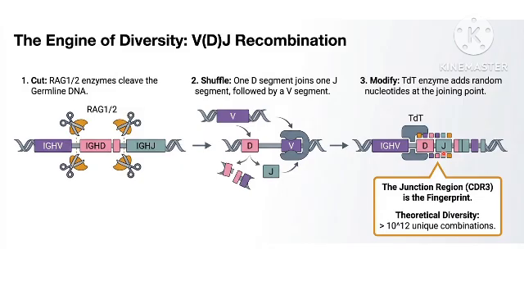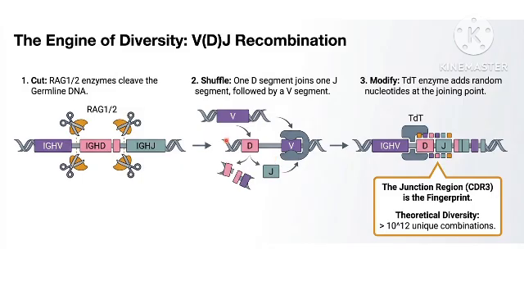To fill the gaps, TdT comes into play, and there is loss of some DNA material here. So we don't know the template. So it will introduce N nucleotides, that means non-template nucleotides, creating junctional diversity. This VDJ fusion, the rearrangement which has happened here, will create combinatorial diversity.